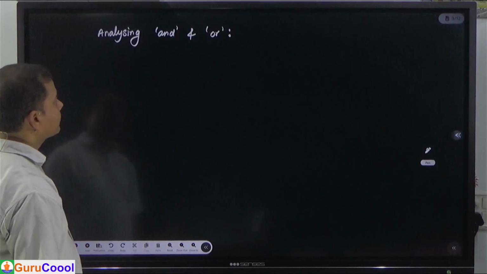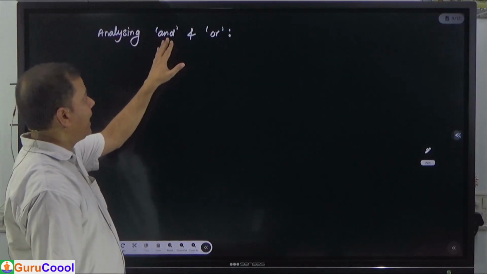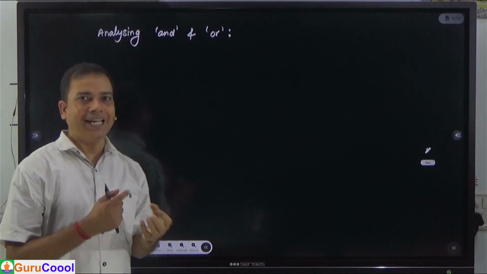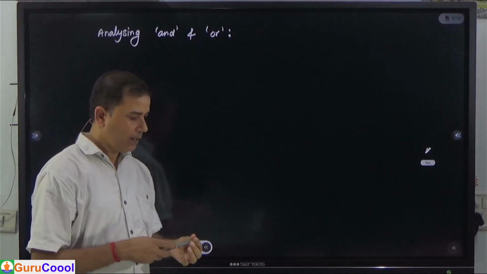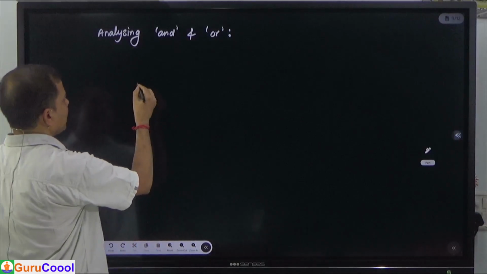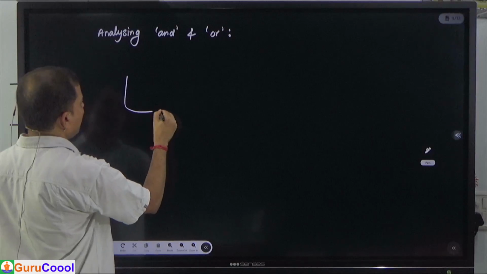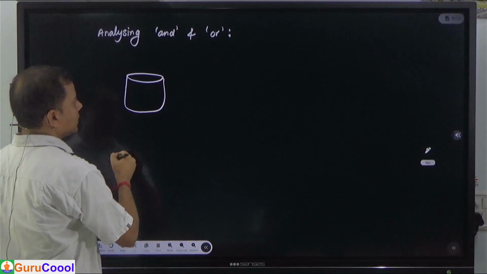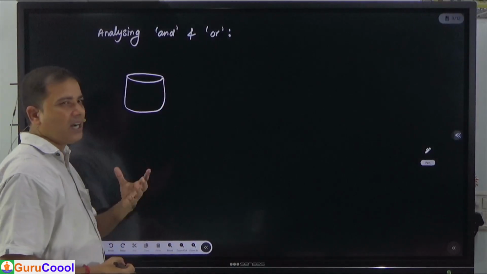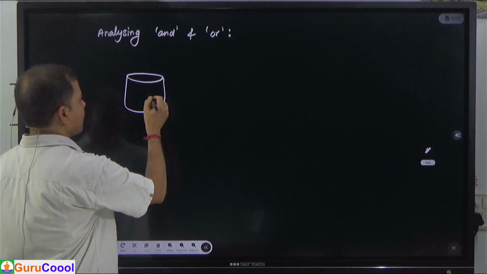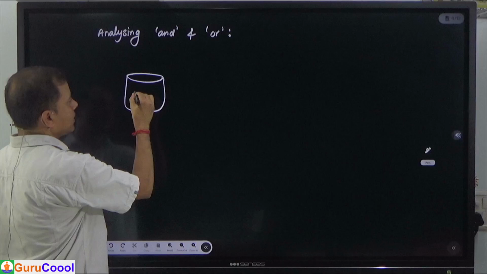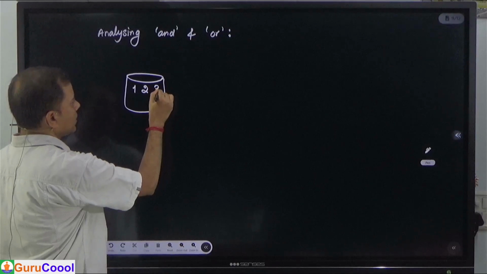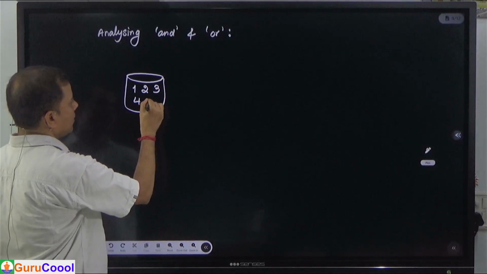Next, analyzing and or. These are two logical words, and or. To understand it, I'll give you an example. Let's say there is a box containing some cards printed with some numbers. This box has cards printed with numbers 1, 2, 3, 4, 5.